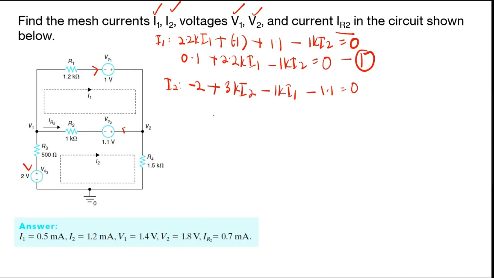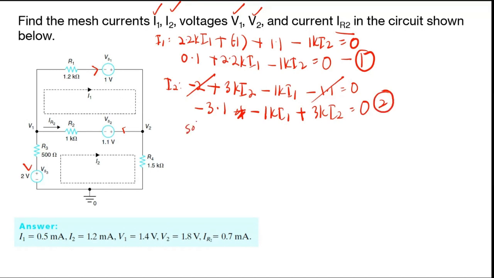When you simplify this equation, you will have -3.1, where you just sum this up, equal to -1K I1 plus 3K I2. So this is going to be your equation 2.